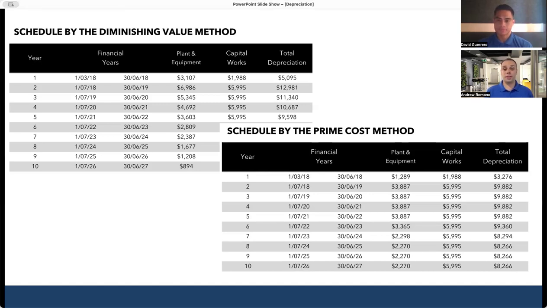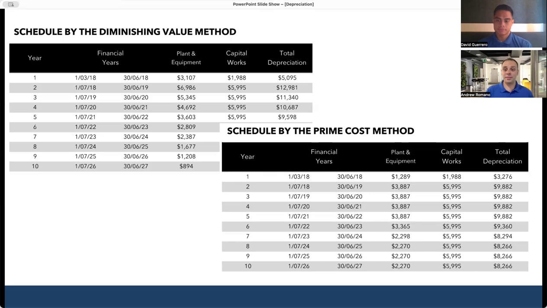If you're on the highest tax rate of 47%, then your tax refund will be 47% of 12,981. So this is where it all comes down to tax planning. There's no point to use this 12,981 if your taxable income is lower. It's better to use that depreciation charge later when your income's higher.